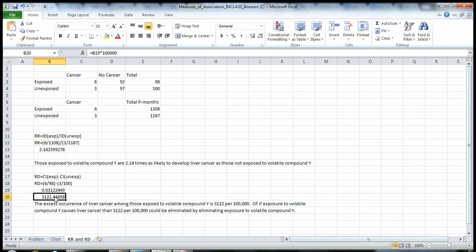Multiplying that out by 100,000, we get 3122. So now we can say the excess occurrence of liver cancer among those exposed to volatile compound Y is 3122 per 100,000, or if exposure to volatile compound Y causes liver cancer, then 3122 per 100,000 could be eliminated by eliminating exposure to volatile compound Y.